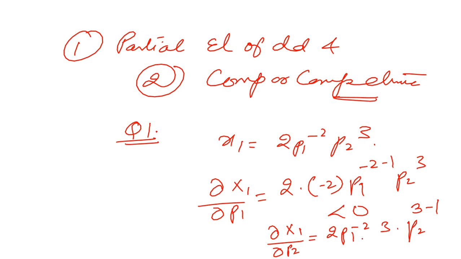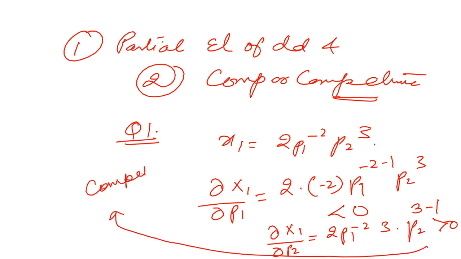This is del x1 by del p2. This is coming out to be what? Greater than 0. And if this is greater than 0, I say that the goods are competitive.